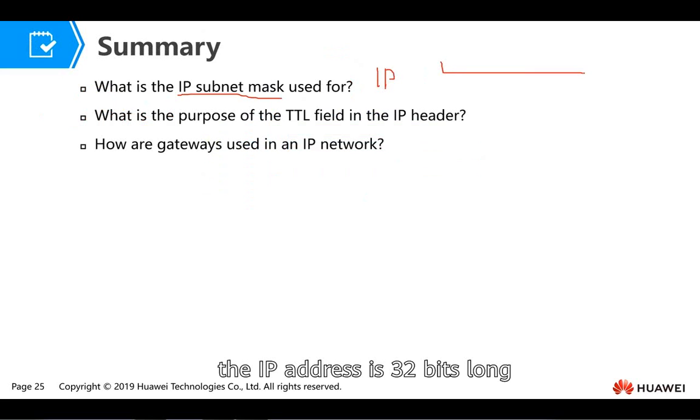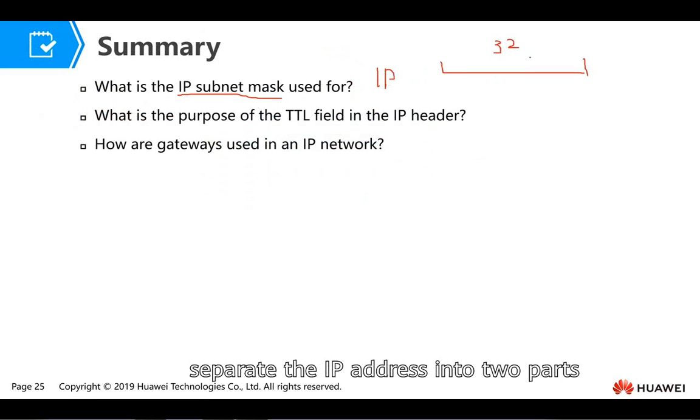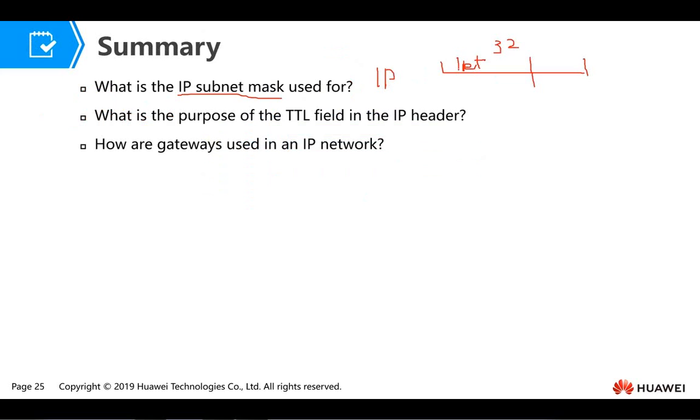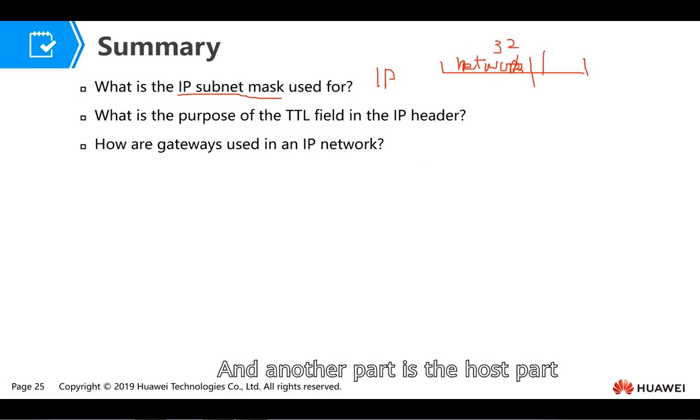The IP address is 32 bits long. Using the IP subnet mask, we can separate the IP address into 2 parts: one part is the network part, and another part is the host part. Okay, this is the usage of the IP subnet mask.